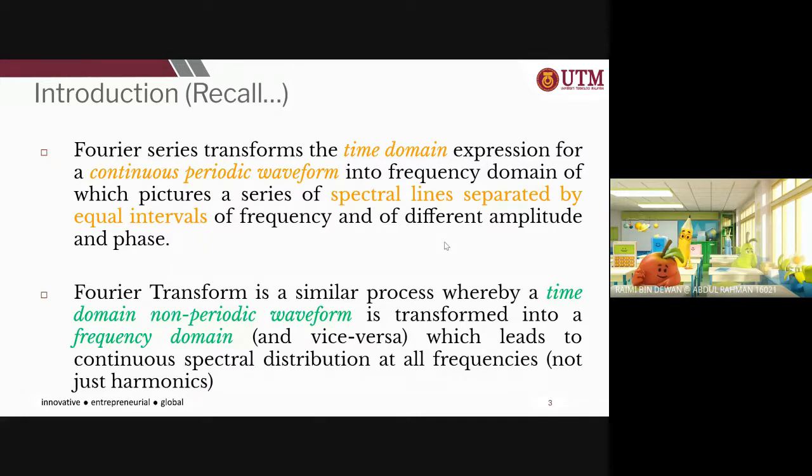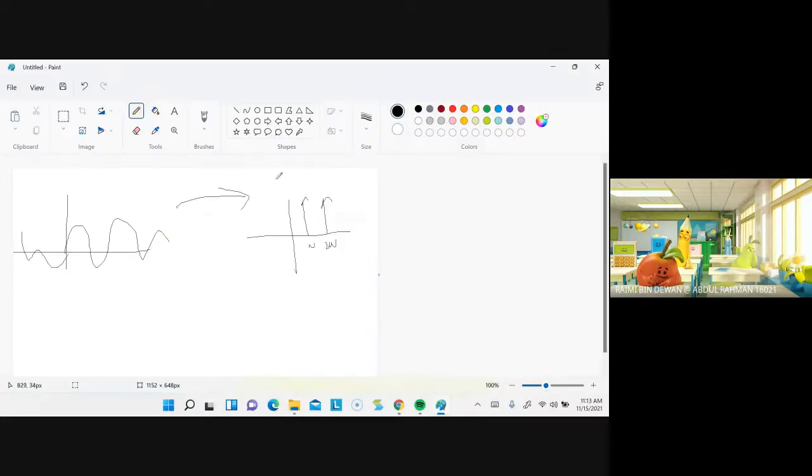It's just the same thing. Spectral lines separated by equal intervals of frequency, of different amplitude and phase. I think you guys are also familiar with this, where this can be our amplitude, and then you also need to plot your phase at the same time.